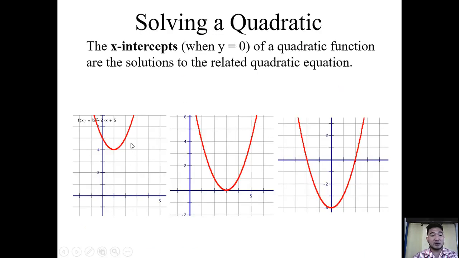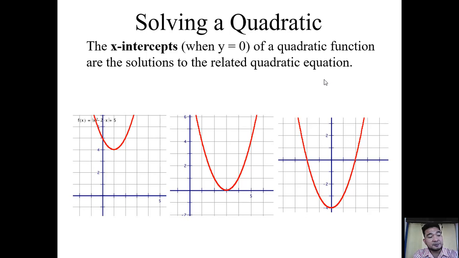So for solving a quadratic function, the x-intercepts, when y equals 0, of a quadratic function are the solutions to the related quadratic equation. That is the reason why during our last discussion, we discussed how to solve quadratic equations.